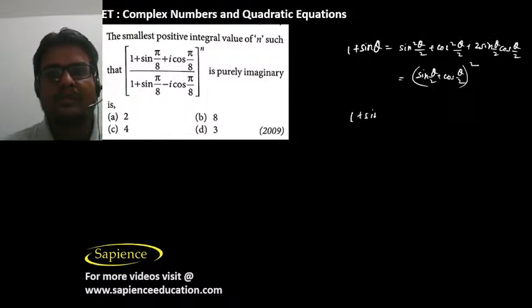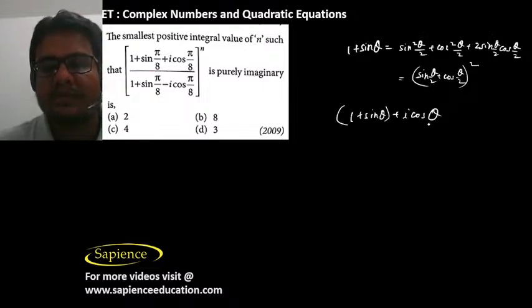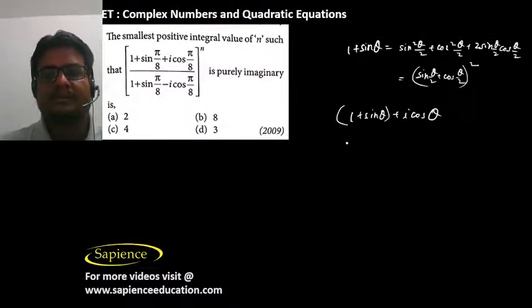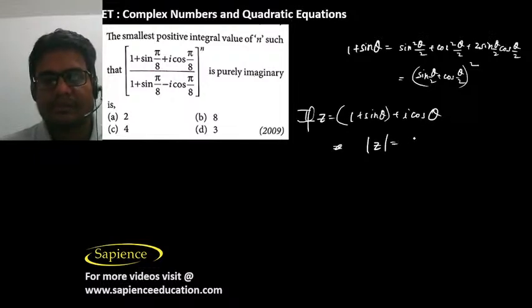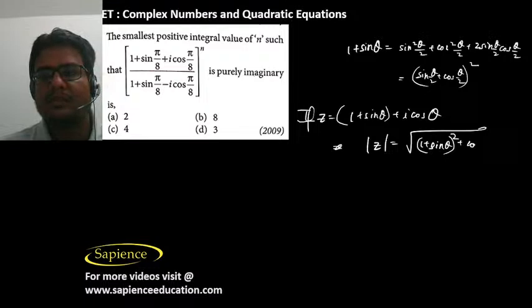So 1 plus sine theta plus i cos theta. Suppose we have it like this, then the modulus of z, if I say z is this, will be the square root of (1 plus sine theta) whole square plus cos square theta.